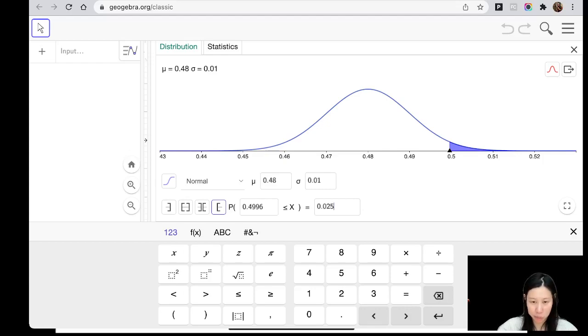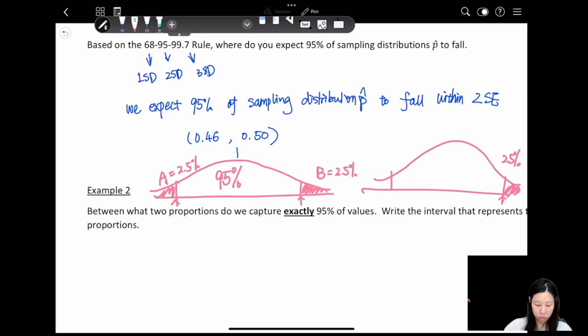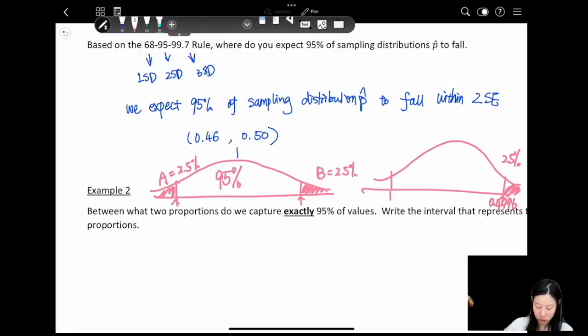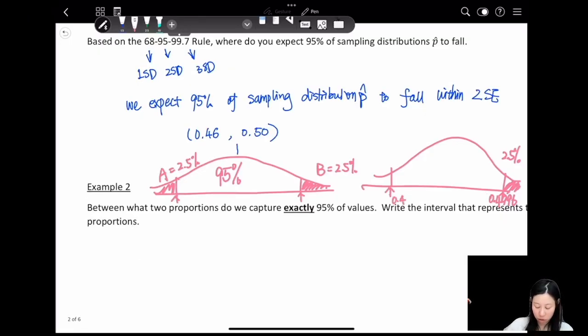So we will find the upper bound of the cutoff value would be 0.49996. Okay, so let me write this down. The cutoff value to the right is 0.49996. And then let's take a look at the other side. So now we're trying to find the left side cutoff value, which is also 2.5%. The cutoff value would be 0.4604.